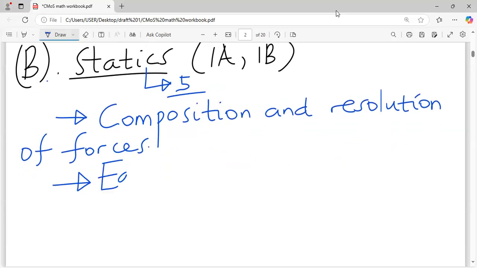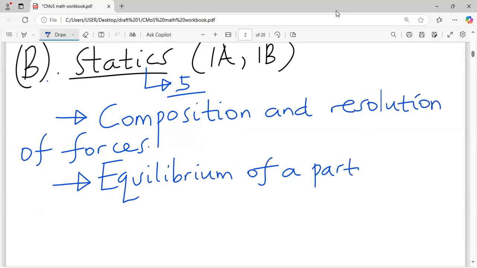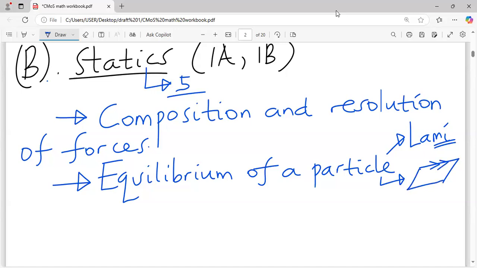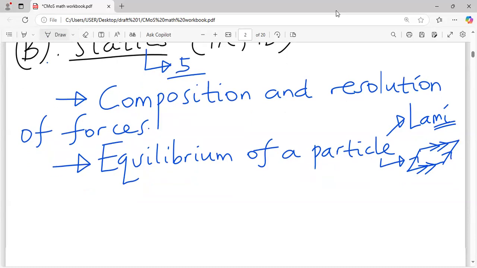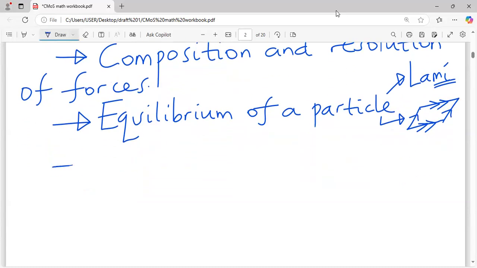Composition and resolution of particle, equilibrium of a particle. This is where you find Lami's theorem. So you also use the parallelogram. Such things. We have what we call moments and couples.